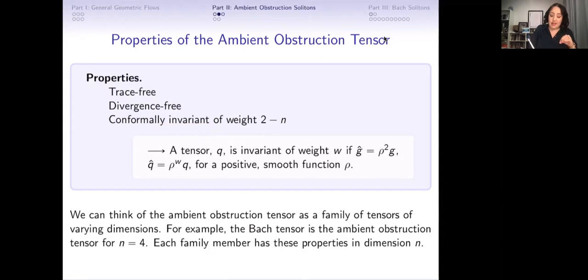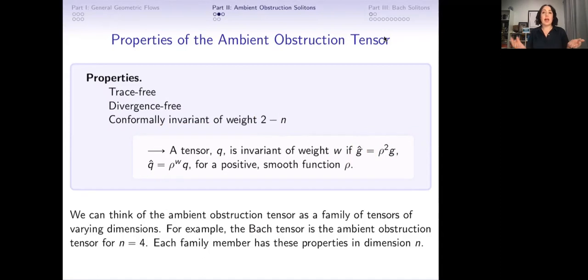What that means is that a general tensor Q is invariant of weight W if, when I change the metric by rho squared, my tensor gets changed by rho to the W. Okay, so that weight for my ambient obstruction tensor is just 2 minus n.